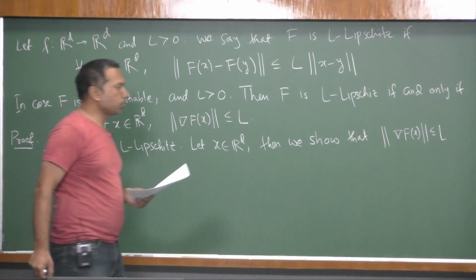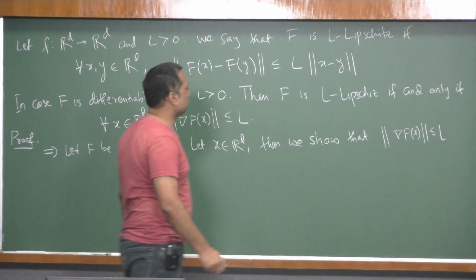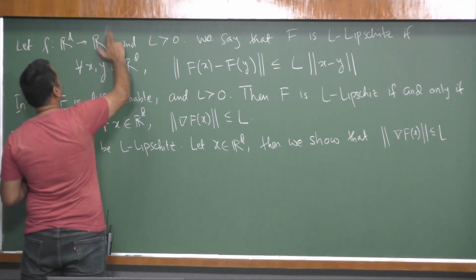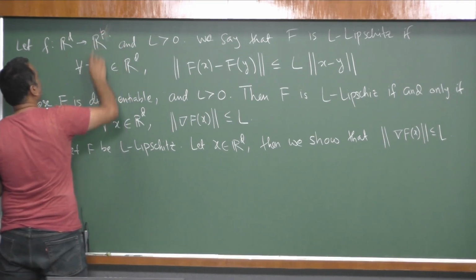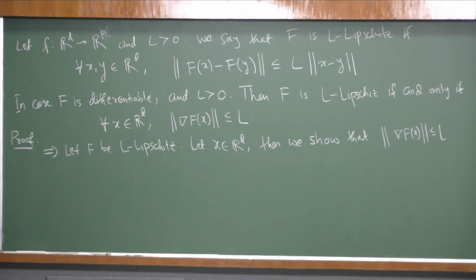And remember how the norm was defined, right? This is the norm of grad of f. Grad of f in this case is what dimension? If f is R^d to R^p, let us say, I wrote the same d here, it's R^p. So if f is from R^d to R^p, what can you say about grad f?